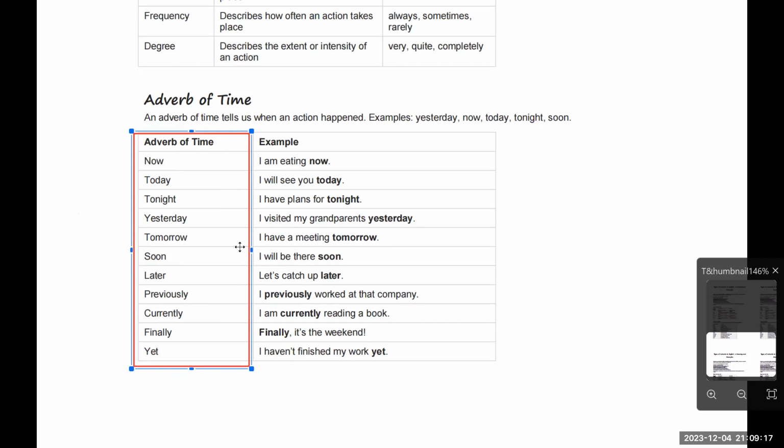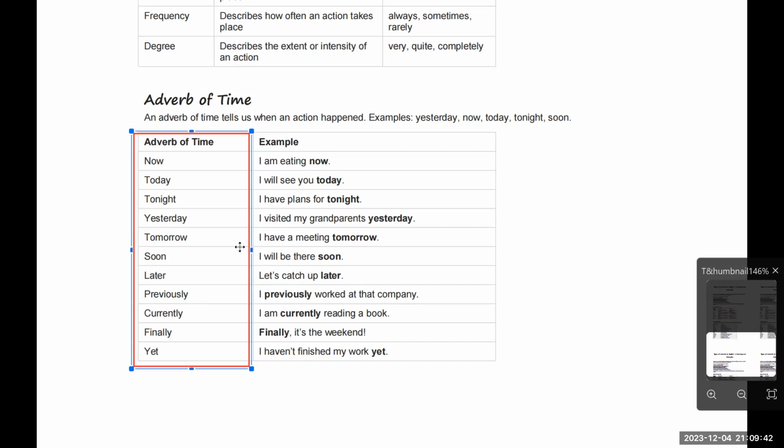Okay. From that sentence, currently means, what do you think? I am currently reading a book, or I am currently what? I am currently working as an online teacher, for example.